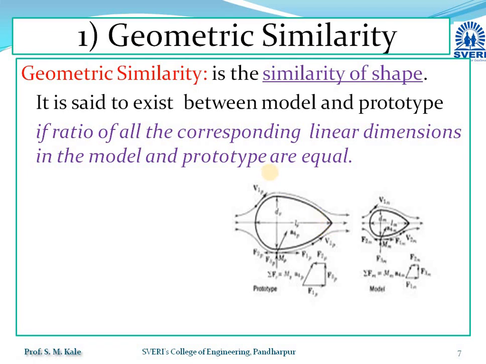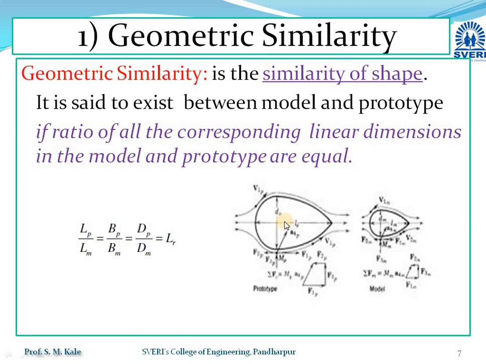Linear dimensions means length of model, length of prototype, diameter of model, diameter of prototype, then width, area, volume. Those are called linear dimensions. If the ratio of all the corresponding linear dimensions in the model and prototype are equal, then and only then we say that geometric similarity exists between model and prototype.